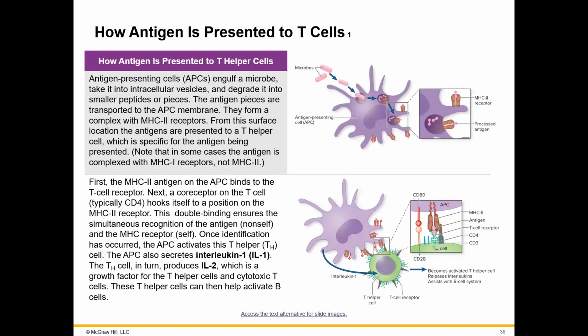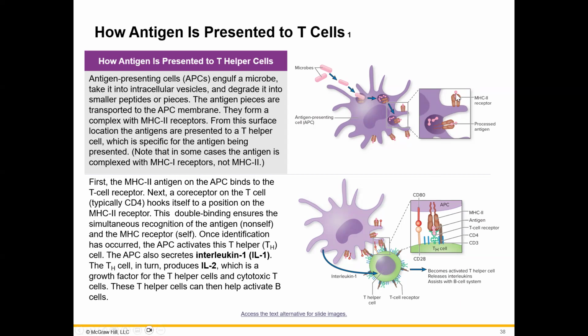So here you see an image which is portraying what I was just talking about. You have antigen-presenting cells. They are engulfing a microbe. They take it into intracellular vesicles, break it down into smaller peptides or pieces. These pieces are then transported to the membrane of that antigen-presenting cell. So here you see that in this image.